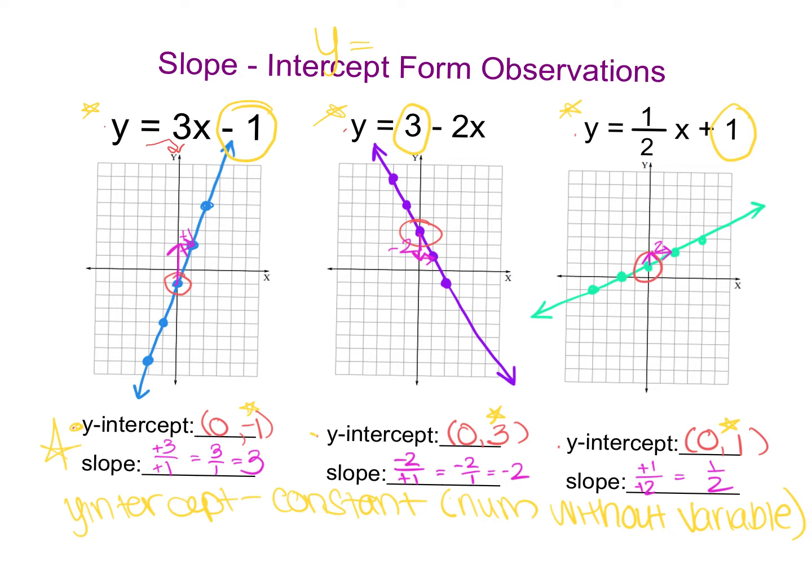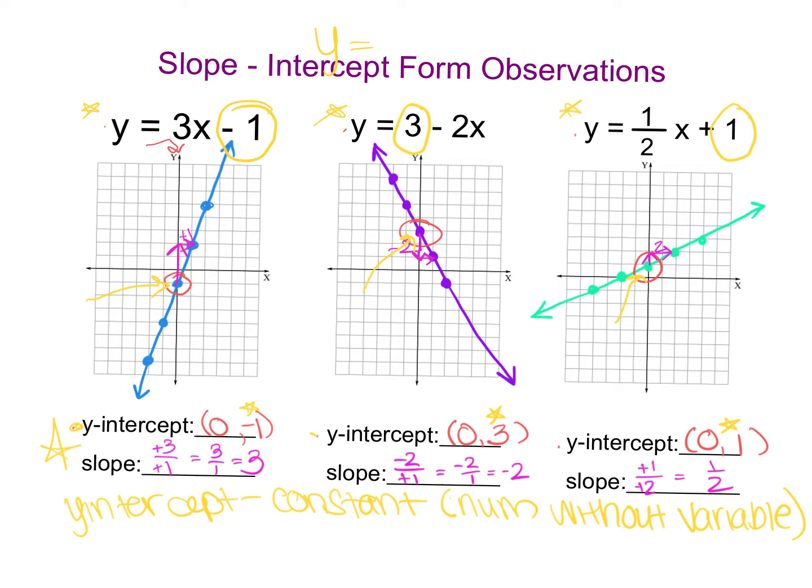So when looking at all three of these equations, what I'm noticing is if I get y alone, the constant, or the value without a variable, can be associated with my y-intercept value here. So that's kind of a cool relationship. I have y-intercepts that are found right in my equation.